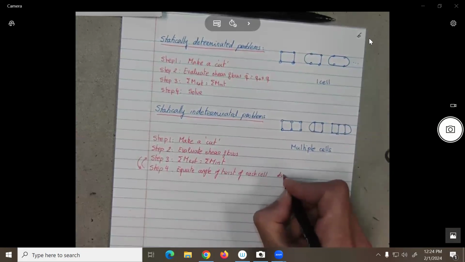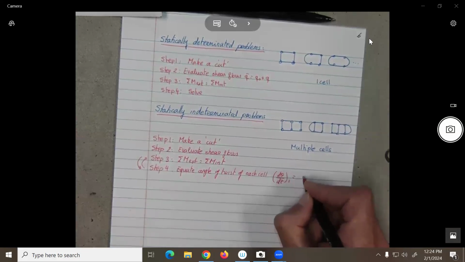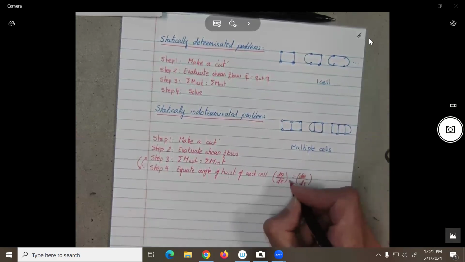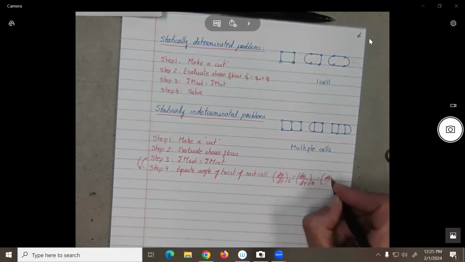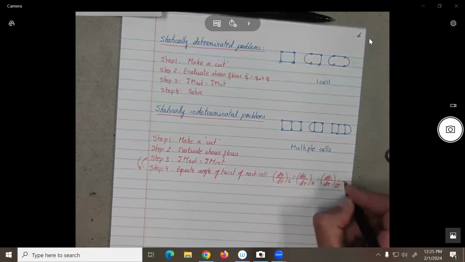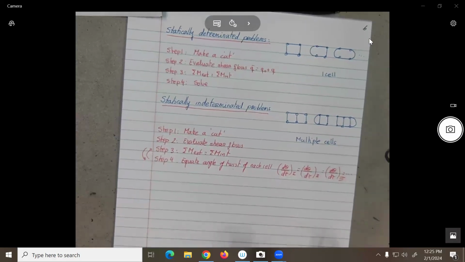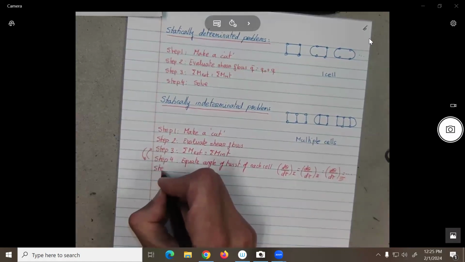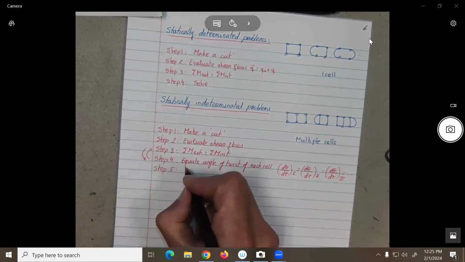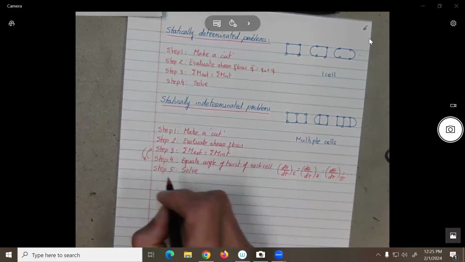So remember we have d theta dz1 equal to d theta dz2, if you have multiple sides, more than 2, you can do this. And step 5 will be solve.